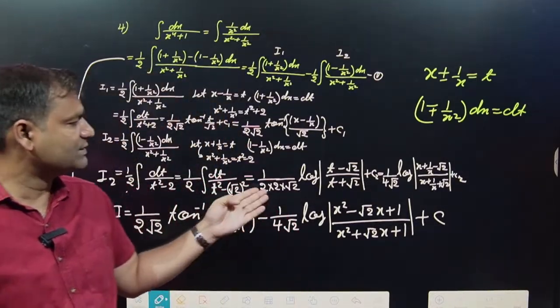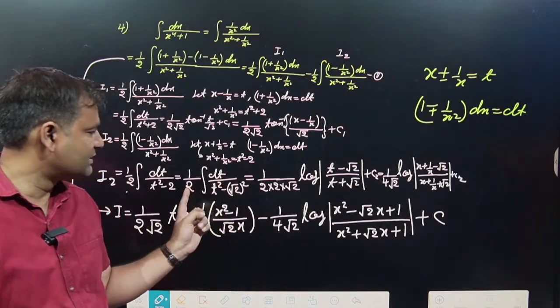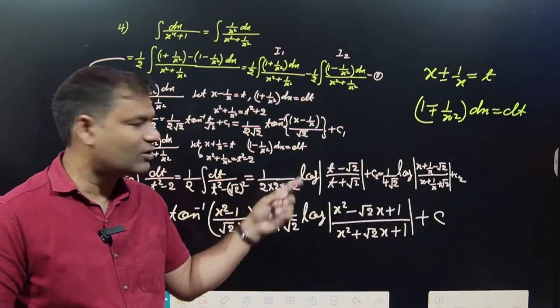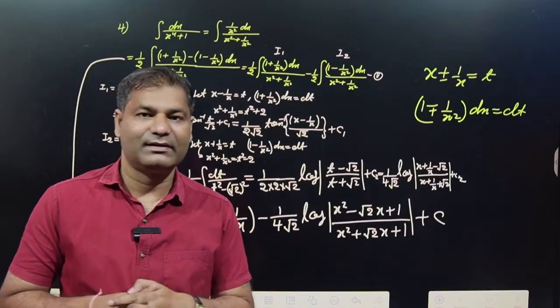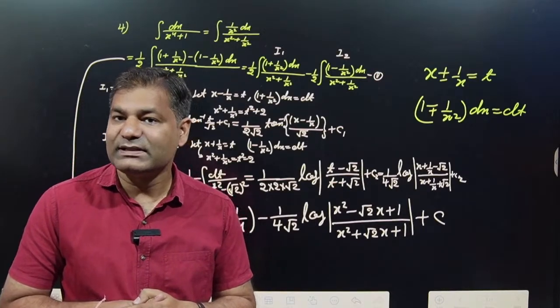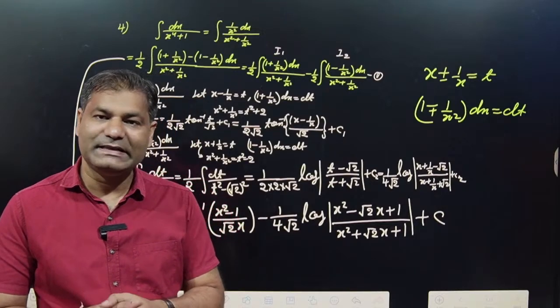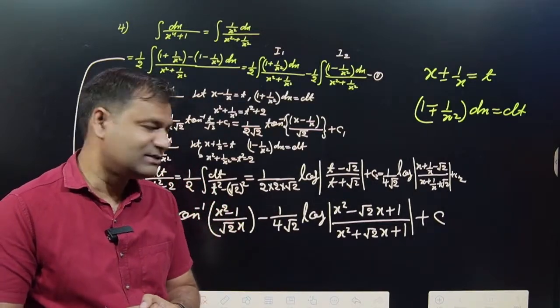So that formula is used here. 2a is root 2, into log of x minus a upon x plus a, with x being t here: t minus root 2 divided by t plus root 2 plus c2.